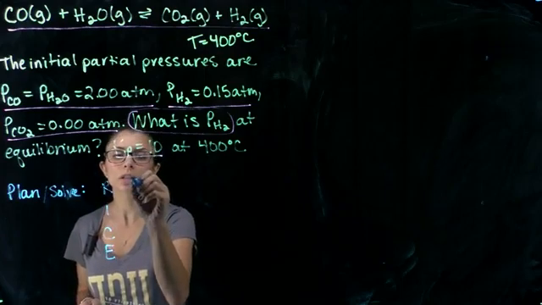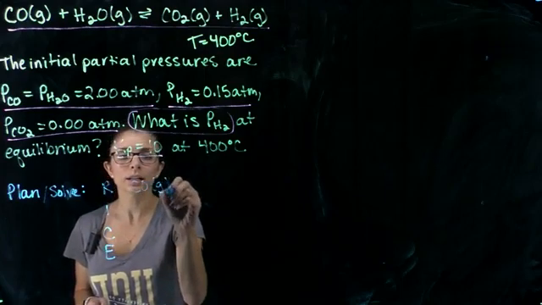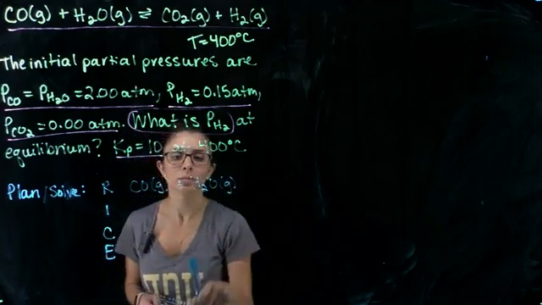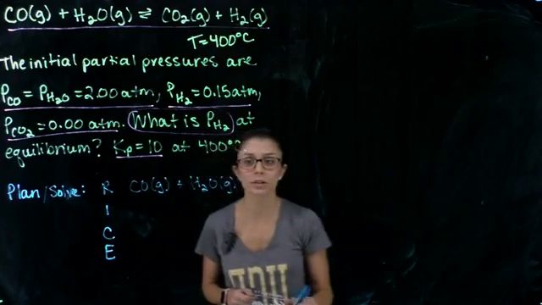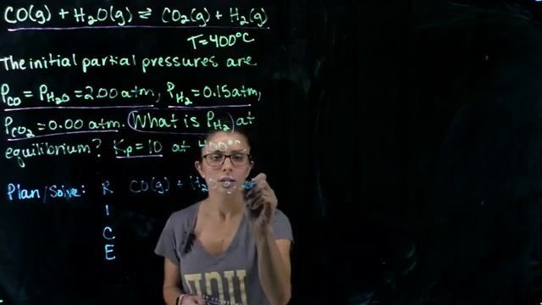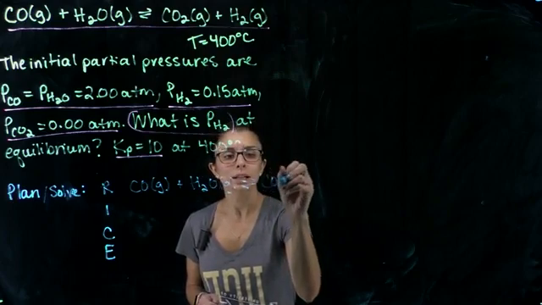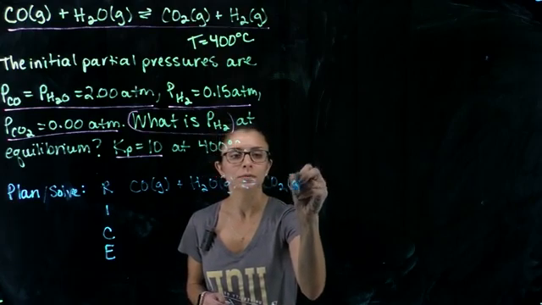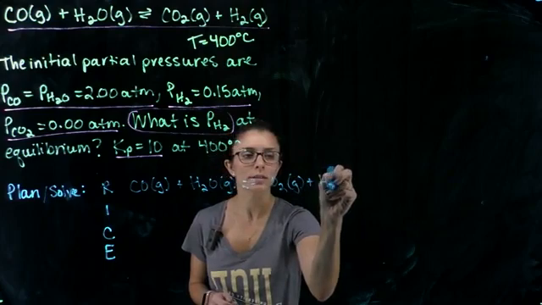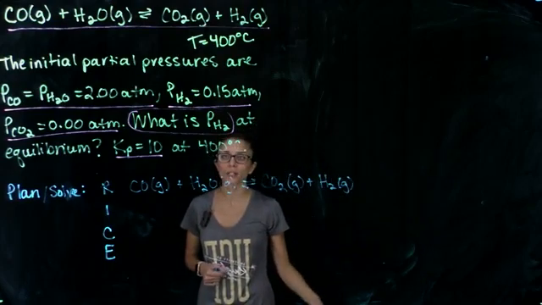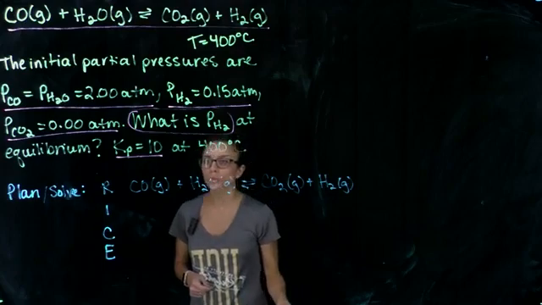So my reaction is carbon monoxide and water, all in gaseous state, is in equilibrium with carbon dioxide and hydrogen gas. All right, so now I can go back to what was given for the initial partial pressures.